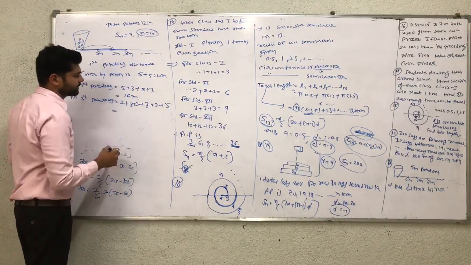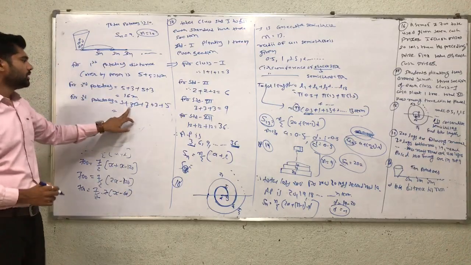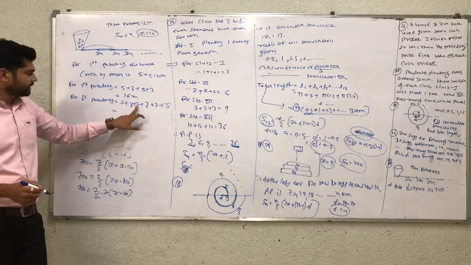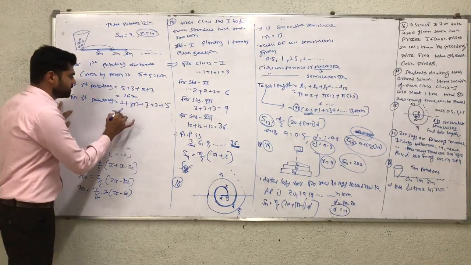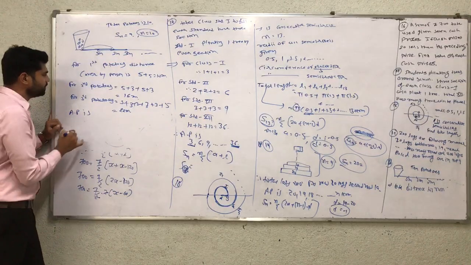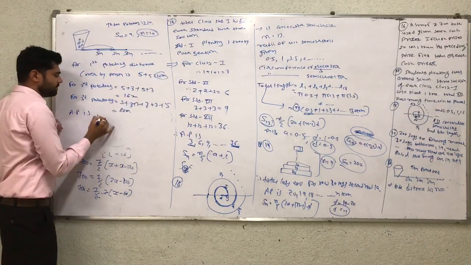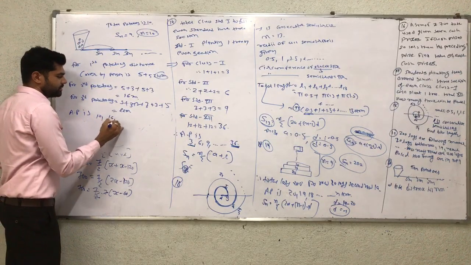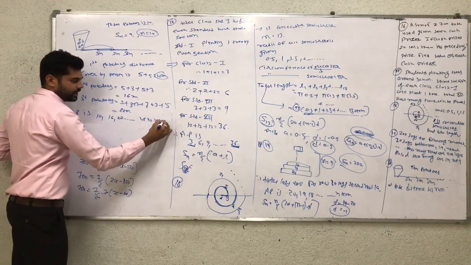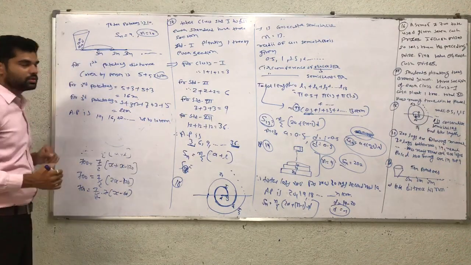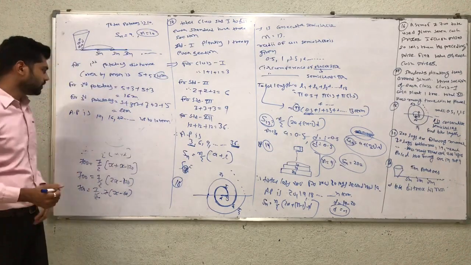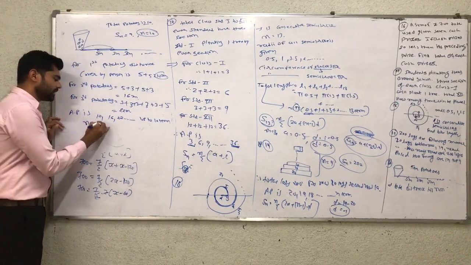So the total answer is 5 plus 3 is 8, 8 plus 3 is 11, 11 plus 11, it means 22 meters. Now the AP is first 10 meter, next 16 meter, up to 10 terms, because the total potatoes in the race is 10. So the value of n is equal to 10.